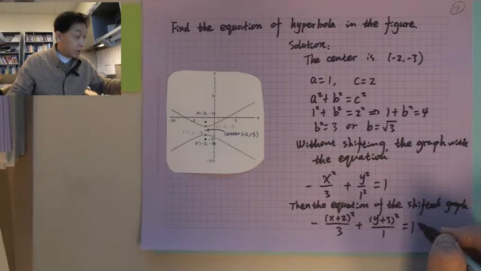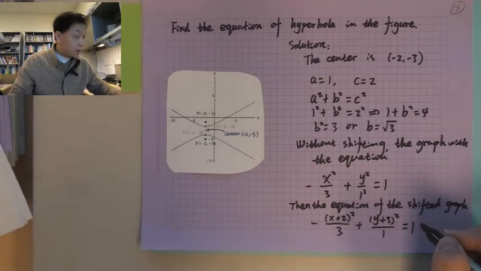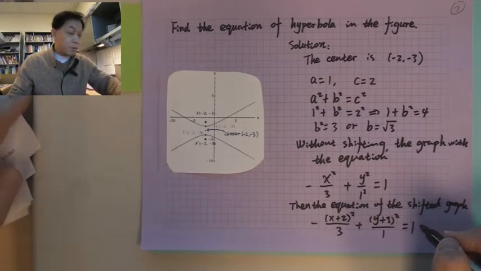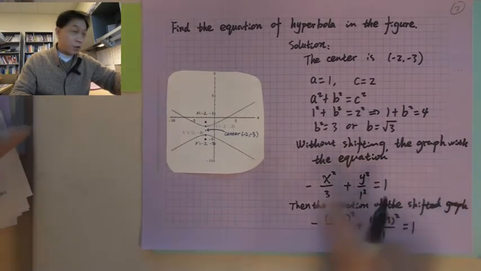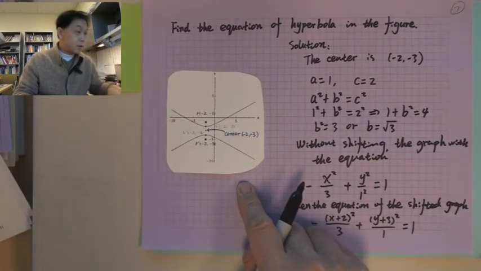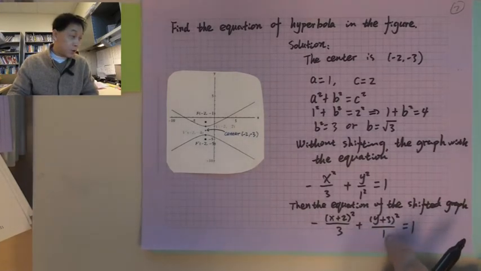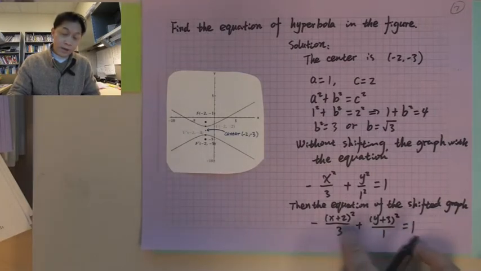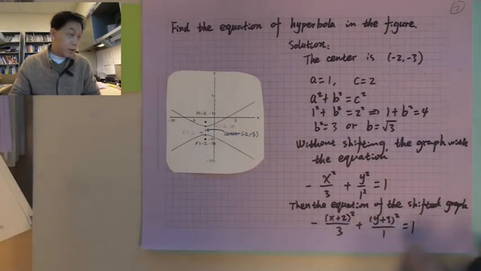This will be our solution for this one. So this will be the final answer: (y plus 3) squared over 1 minus (x plus 2) squared over 3 equals 1.